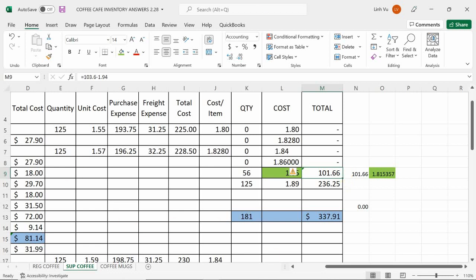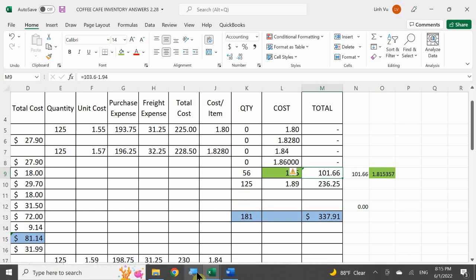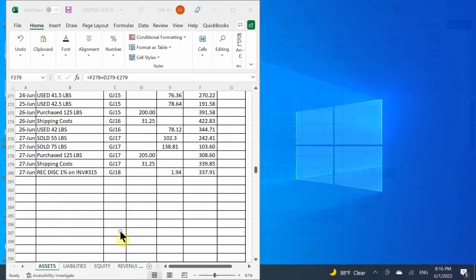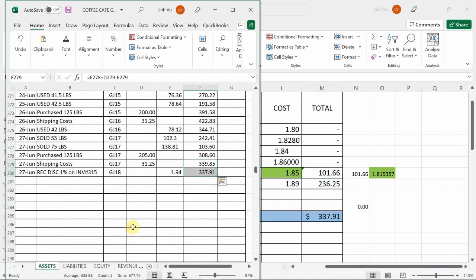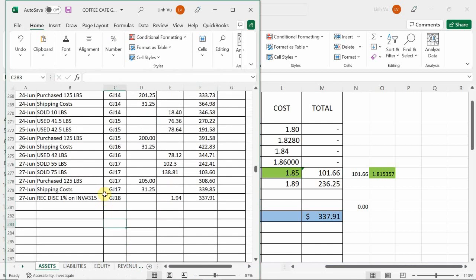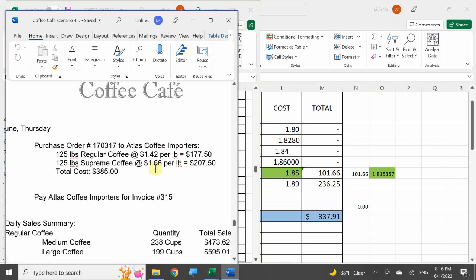Now, does this actually match my inventory? Am I still at $337.91? Yes. Right here in my ledger, it should be $337.91 as my account balance in my inventory.